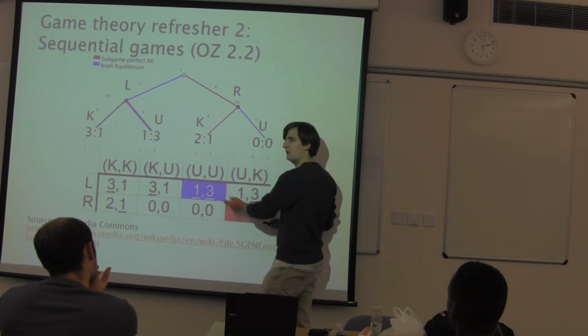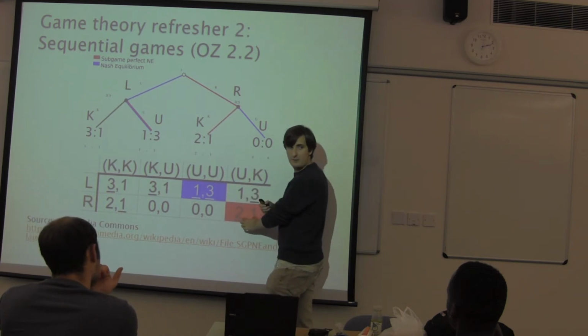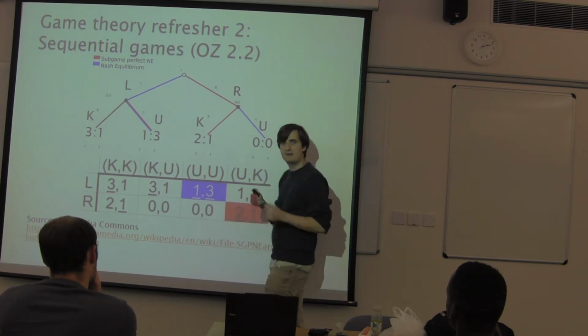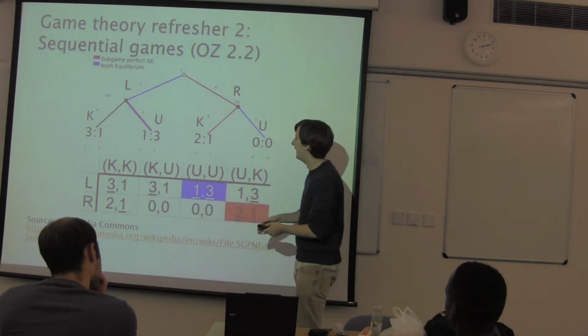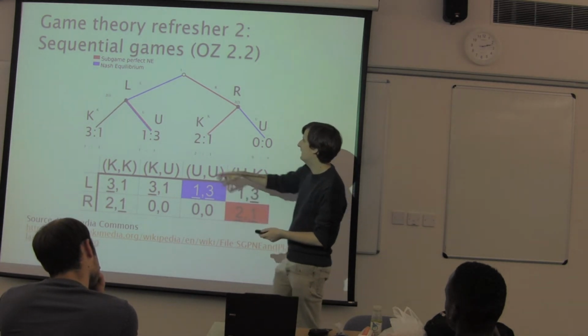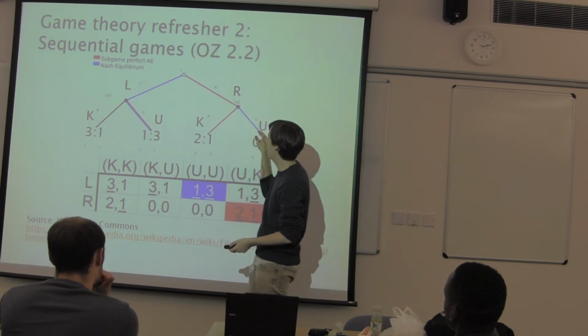Okay, so these are the two Nash equilibria of the game, but the sensible one is the subgame perfect Nash equilibrium, in which players can't promise to do something crazy off the equilibrium path. In the subgame perfect Nash equilibrium, at each point in the game tree, player 2 is doing something sensible.